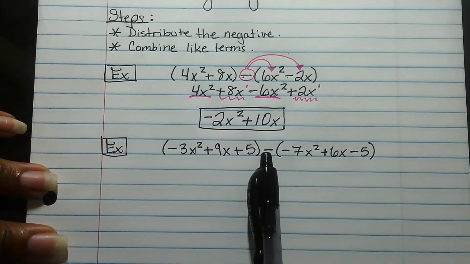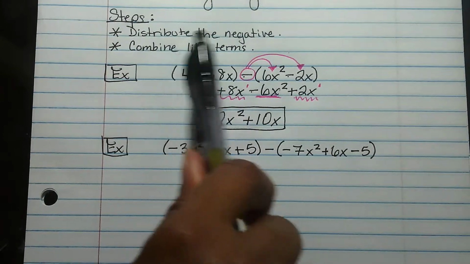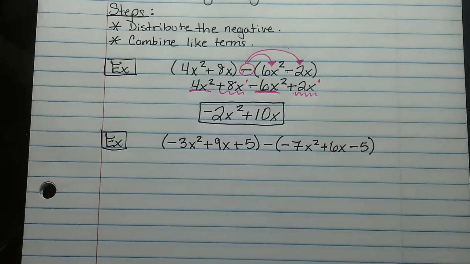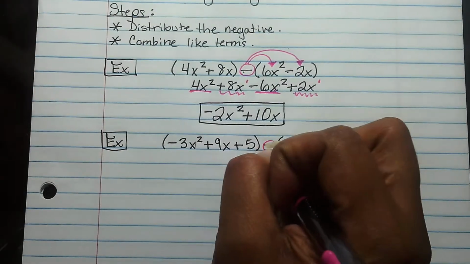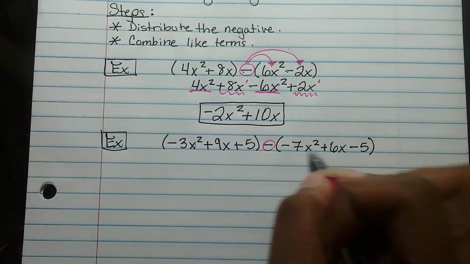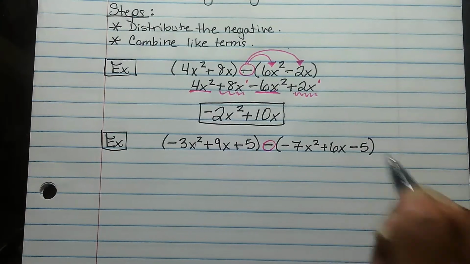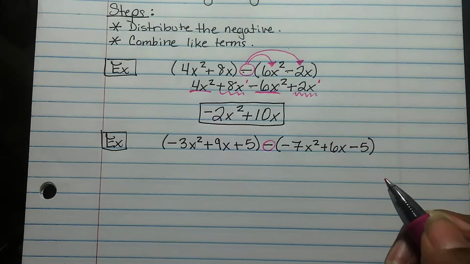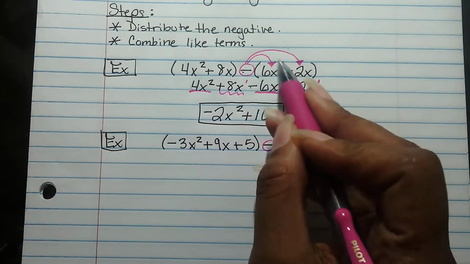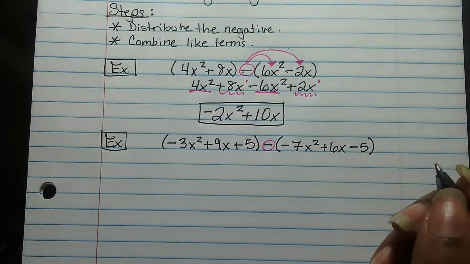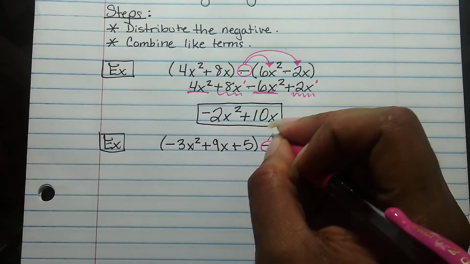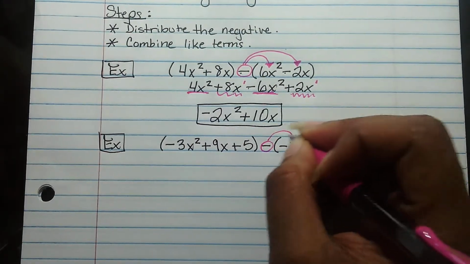I see a minus sign, so that means I'm going to have to distribute the negative. We now have 1, 2, 3 terms in this parentheses. So instead of multiplying twice like we did before, we are now going to multiply 3 times.